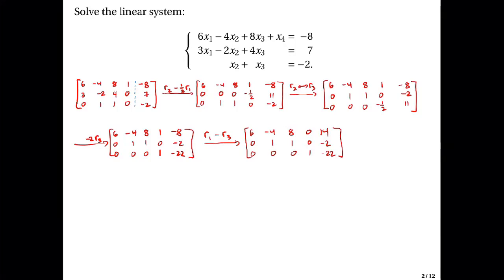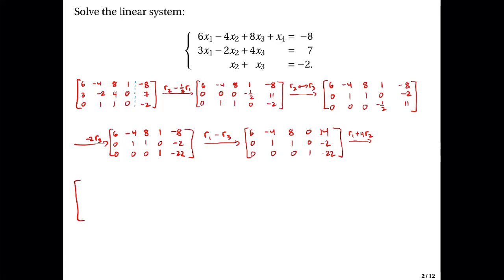So this is a leading 1. We want the term above it a 0. So what we can do is to add row 1 plus 4 row 2. Okay? So if we do that, we will have what?